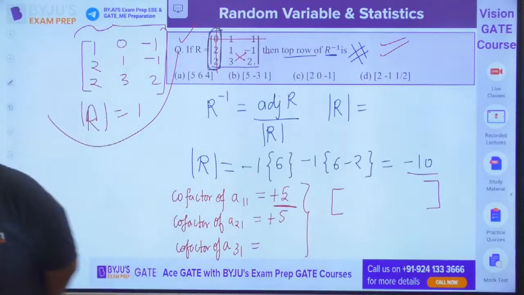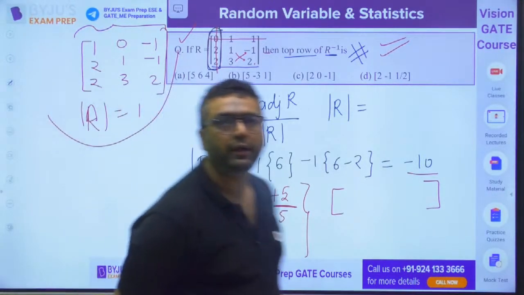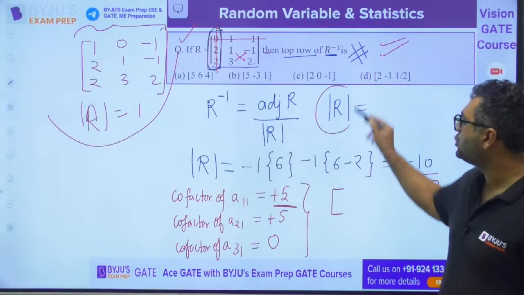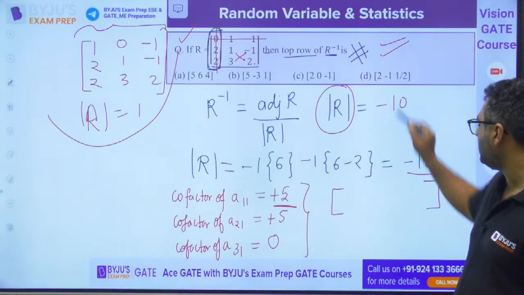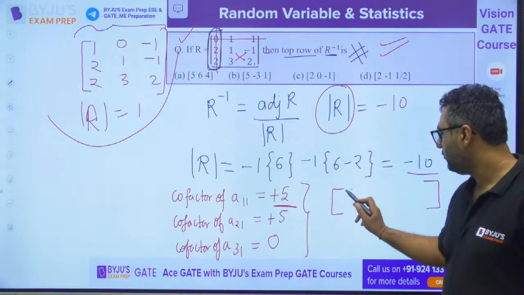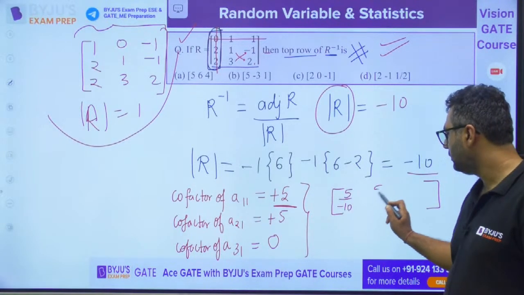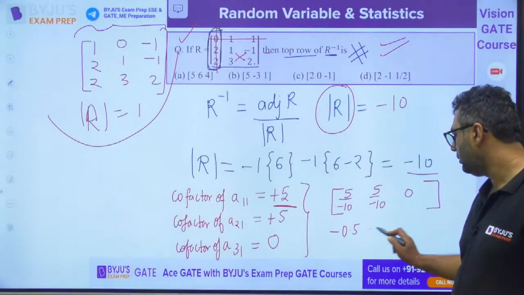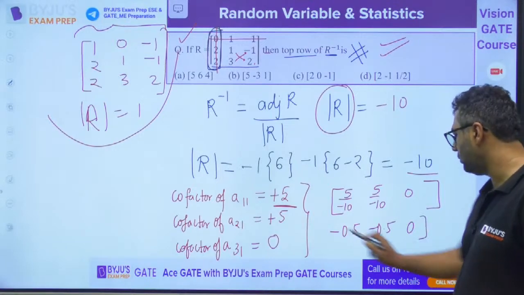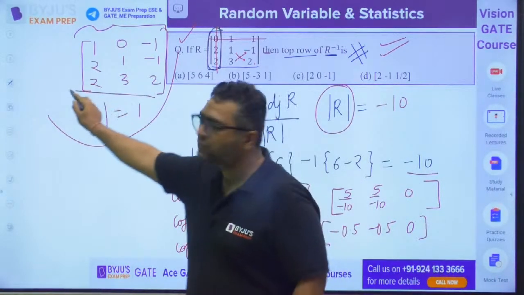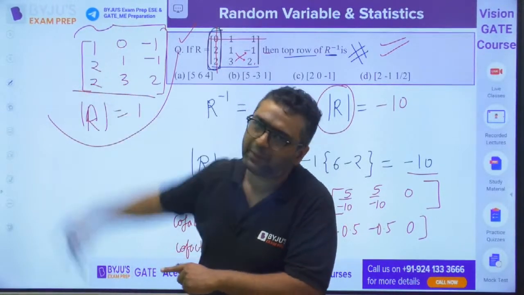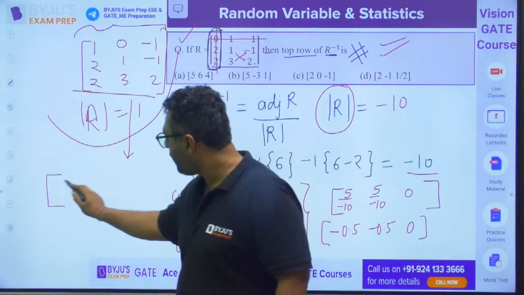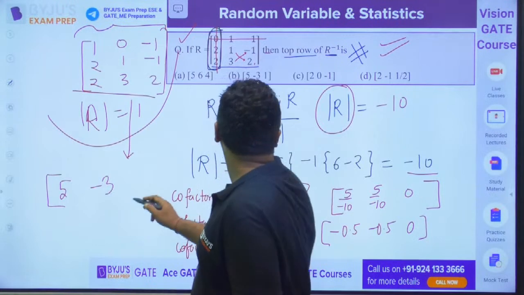Yes, you need to divide it by this also, which is minus 10 we got now. So it is 5 by minus 10, 5 by minus 10 and 0. So minus 0.5, minus 0.5, 0. If you will be solving for the real question from the Computer Science 2009 paper, then the answer will be coming out to be 5 minus 3 and 1.